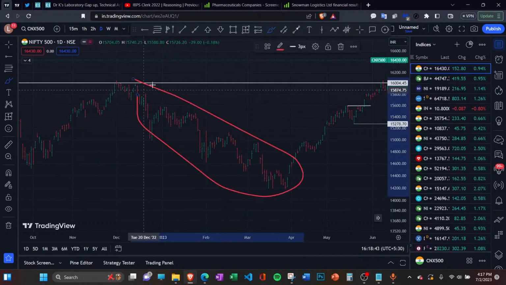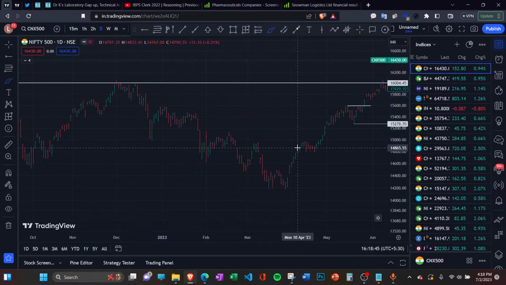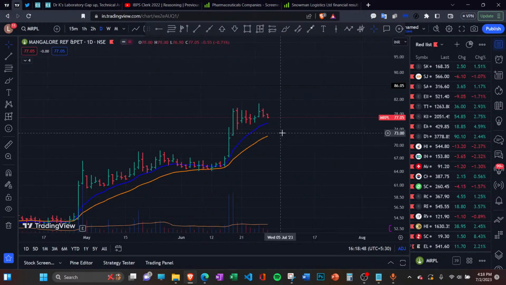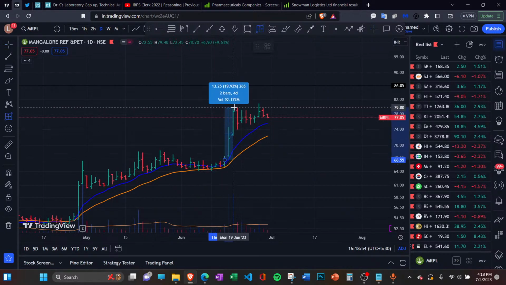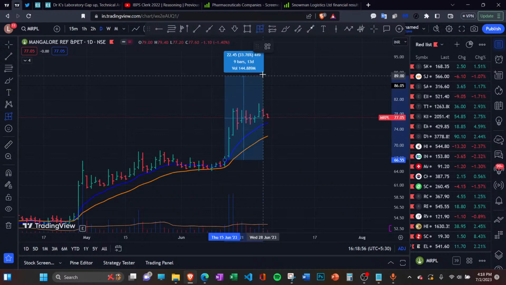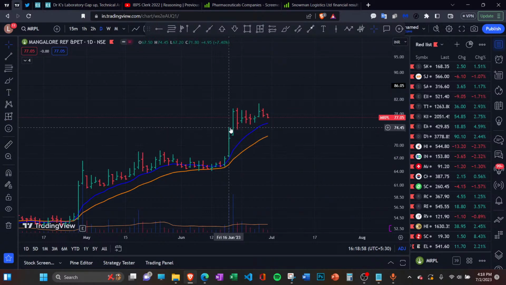This is what I follow. During the down move phase, if I get a good setup, suppose I was able to buy it here, my initial thought process would be to at least book a partial profit if it gives a quick 10-15% move.